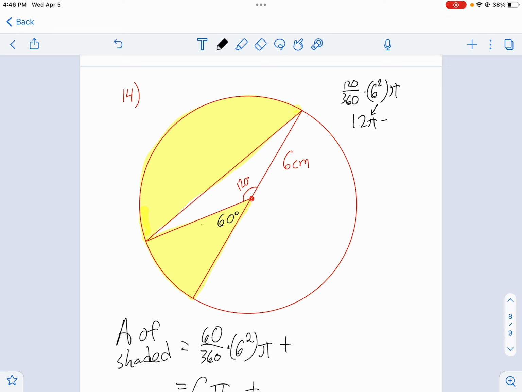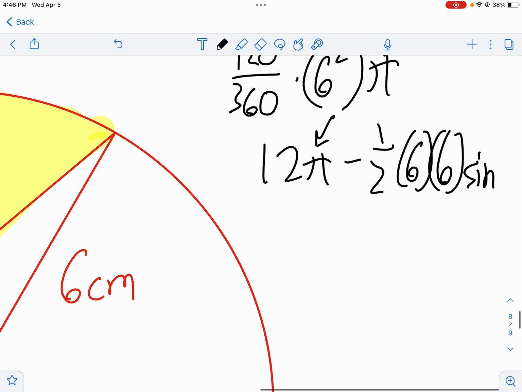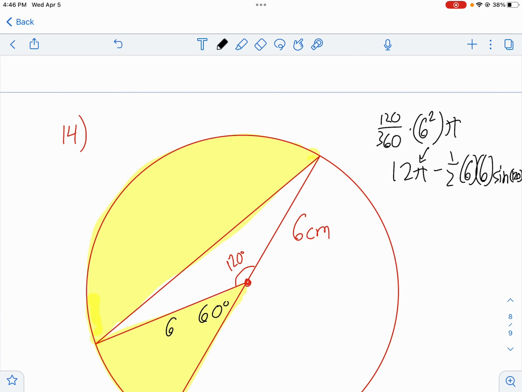So I'm going to go ahead and do my 1/2 bc sine A. So 1/2 times 6 times 6 times the sine of 120. Write it small. So I'm going to do 12 times pi in my calculator, and then subtract from that, in parentheses, 1/2 times 6 times 6 times sine of 120, end parenthesis. And that gives me 22.11.